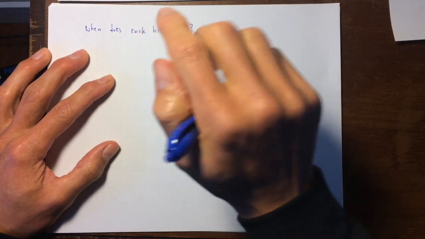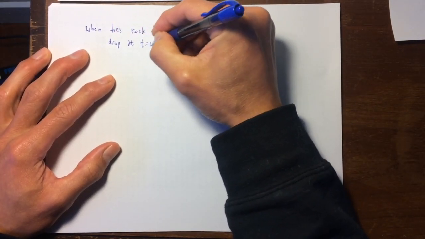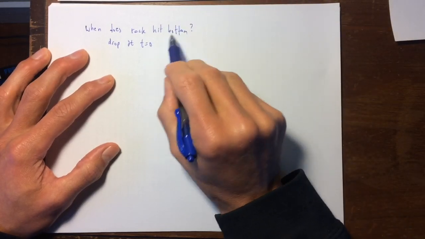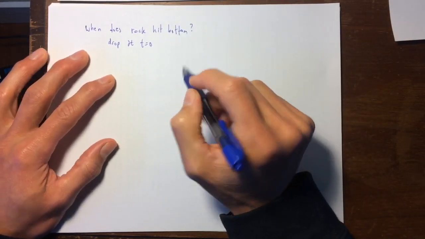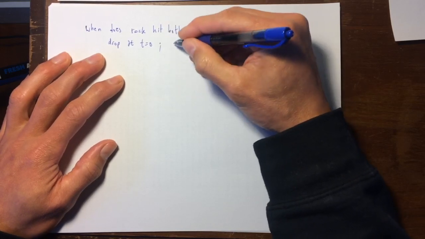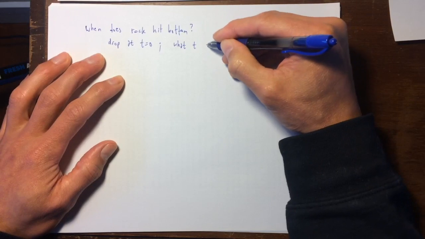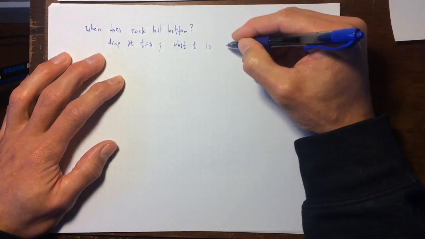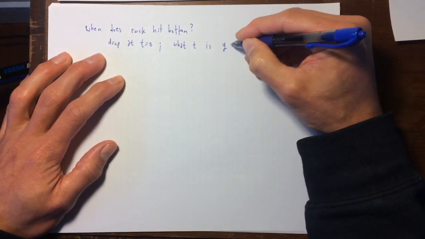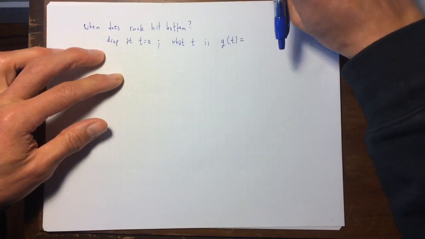It looks like we drop at t equals 0, and it hits the bottom at some later time. The question is, what t is y of t equal to?